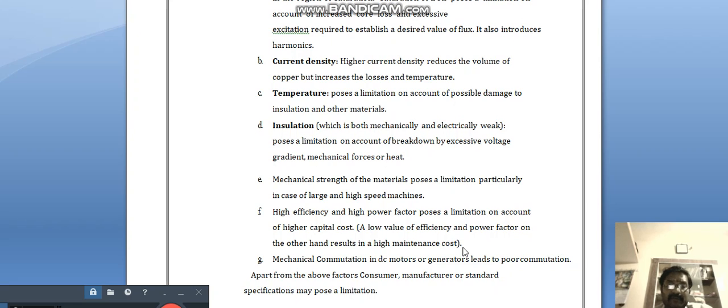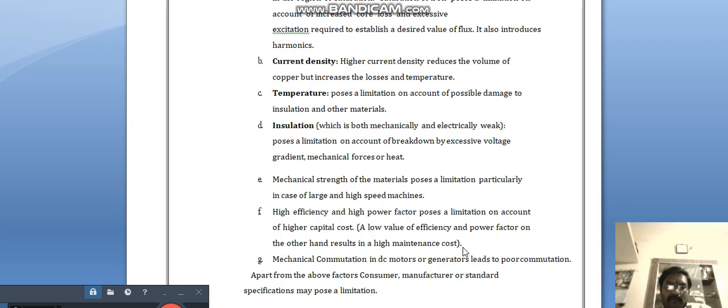Mechanical commutation in DC motors or generators leads to poor commutation. Nowadays electronic commutation is inserted in the motors. Even though mechanical commutation is also there, if you go for mechanical commutation in DC motors, it produces poor commutation.